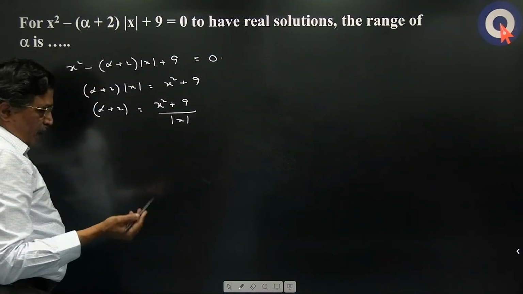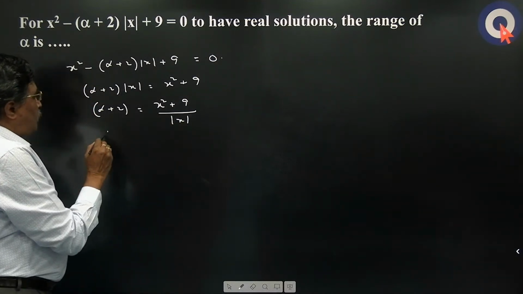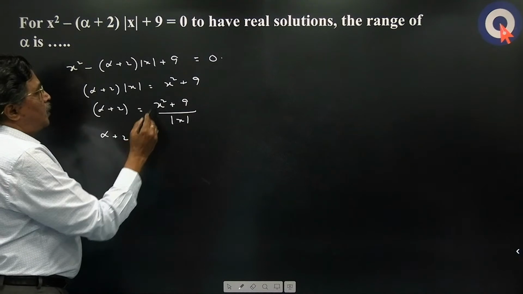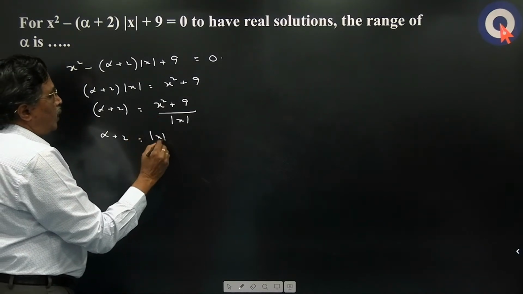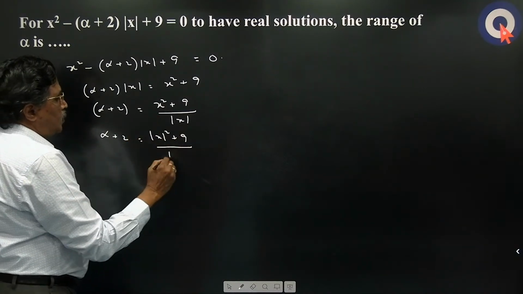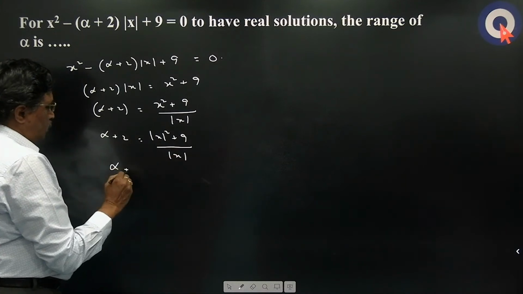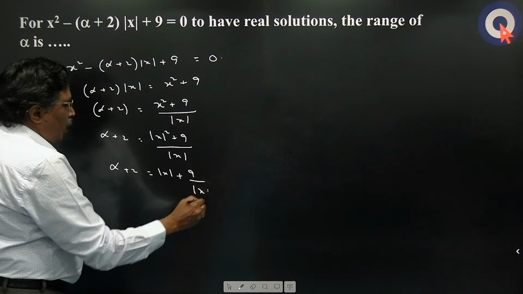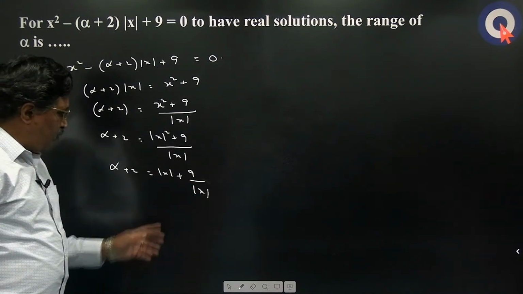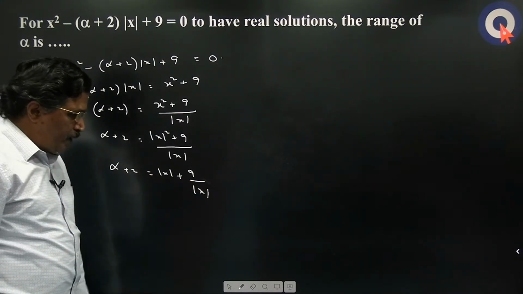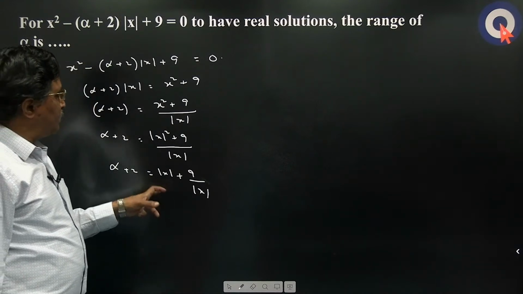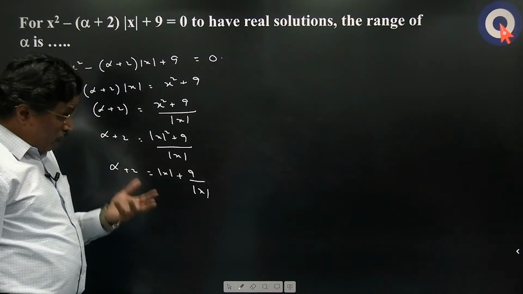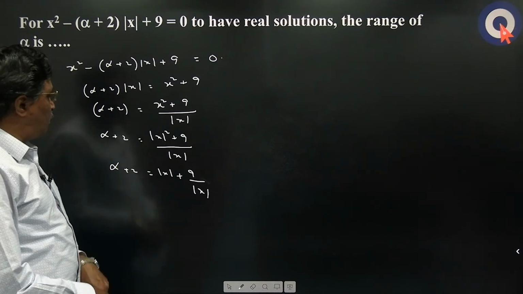x square or mod x square makes no difference. So therefore, alpha plus 2 is (mod x square plus 9) by mod x, which you can write as mod x plus 9 by mod x. Now, when we see two positive non-negative quantities, we can think of the AM greater than GM inequality.